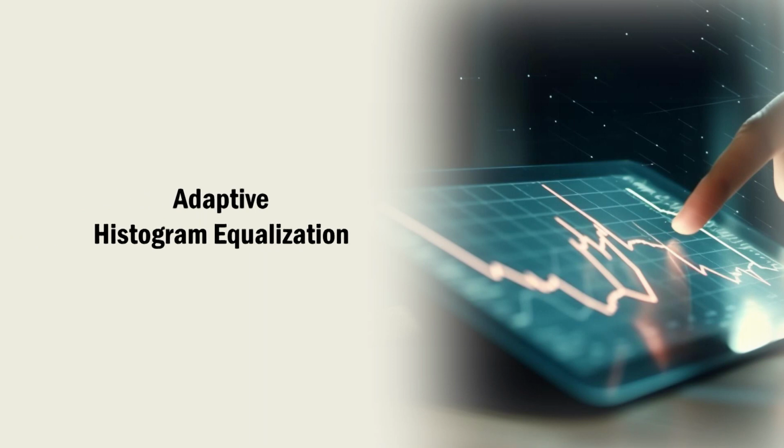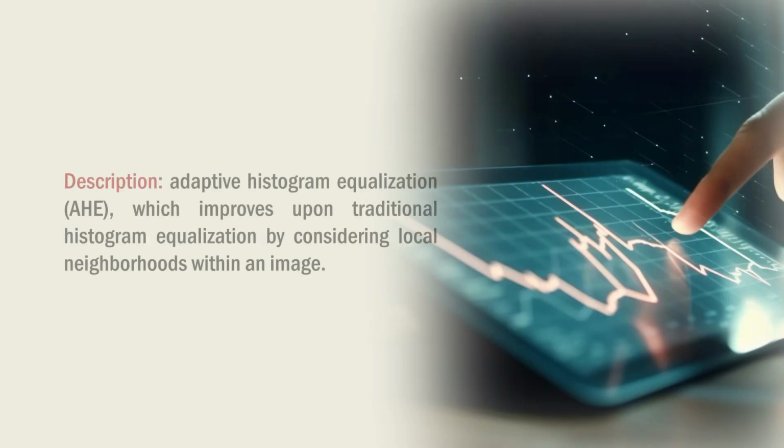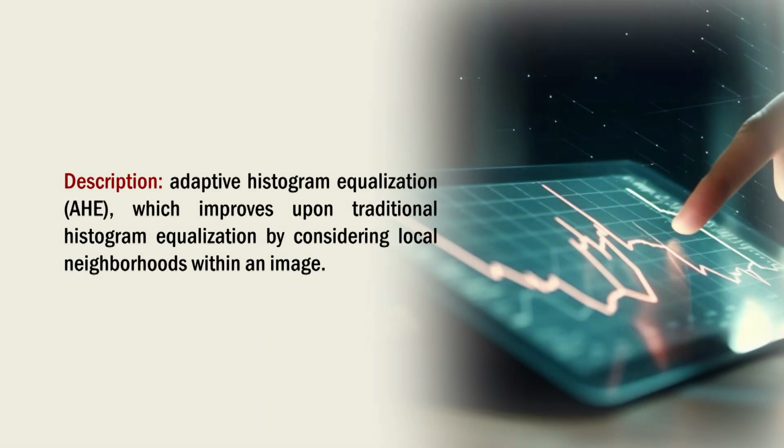Now we have to understand what adaptive histogram equalization is. This is another topic which is very important to know. In continuation to equalization, we can learn the meaning of adaptive histogram equalization, or AHE in short form, which improves upon traditional histogram equalization by considering the local neighborhood within an image.